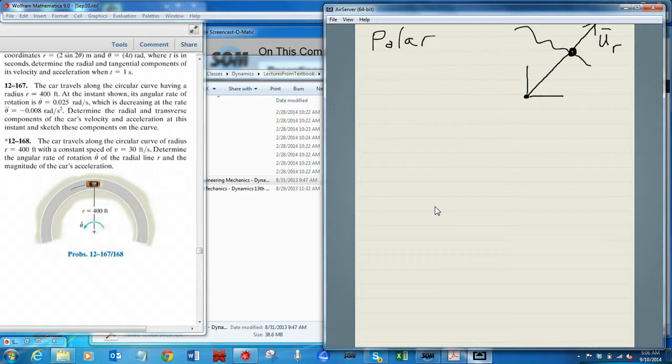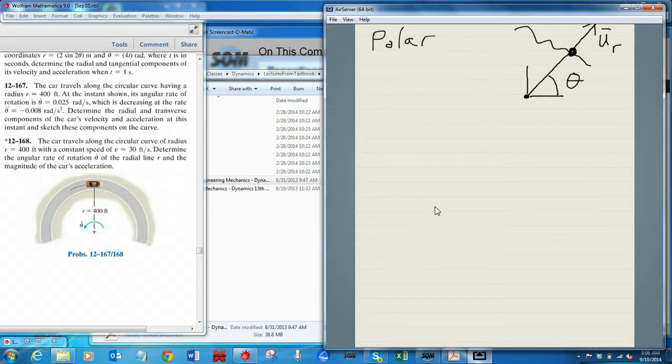I don't know where the angle is. It could be in the numbers. For example, it could be right here, and you could say that's angle theta.